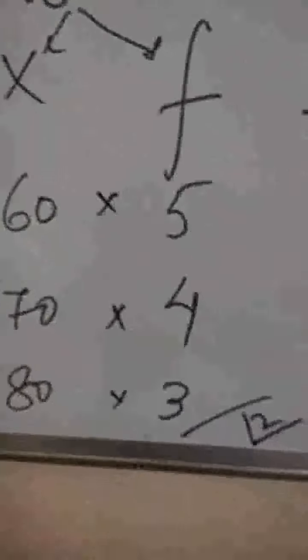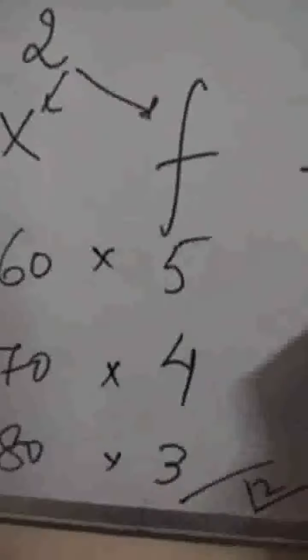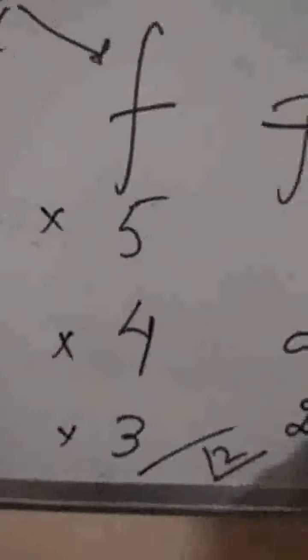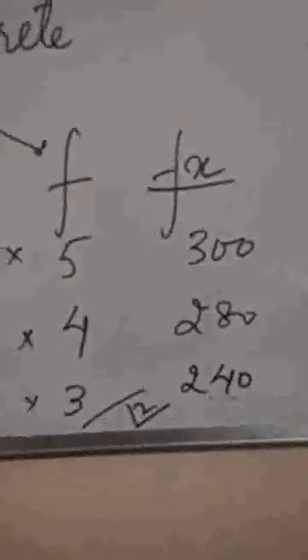So here, if the information has changed, obviously the formula also changes. What you need to calculate is fx. So you will be multiplying these: 60 into 5 is 300, 70 into 4 is 280, 80 into 3 is 240, right?